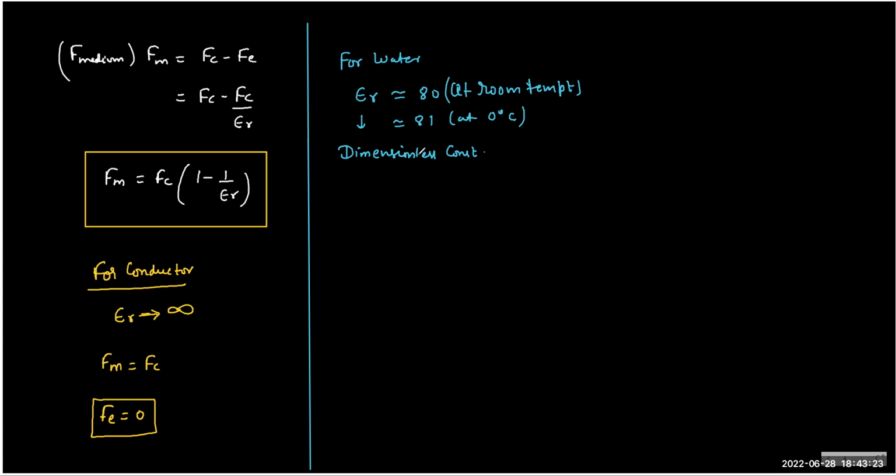And the epsilon r tells that water is able to reduce the Coulomb force almost by 80 times. So the moment you take an ionic salt, and an ionic salt follows Coulomb's attraction or Coulomb's law, you can say.